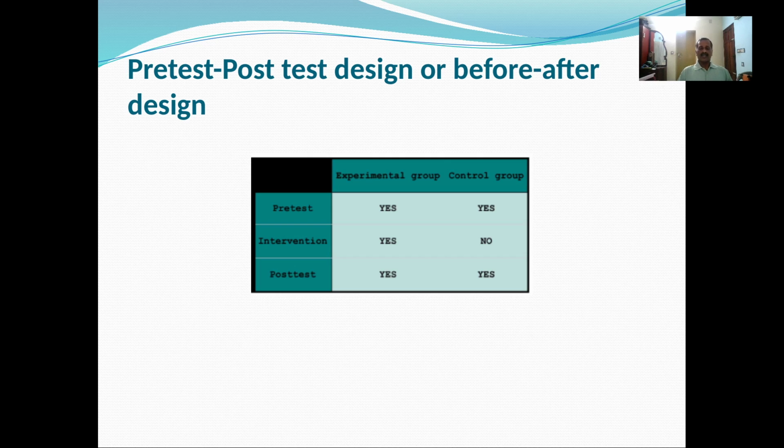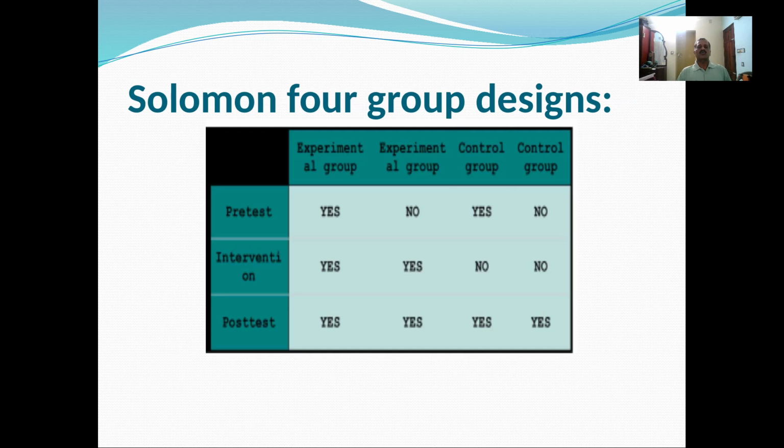This is done by a design called the Solomon 4-group design. In the Solomon 4-group design, we select simultaneously 2 experimental groups and 2 control groups. Pre-testing is done to 1 experimental group and 1 control group, whereas no pre-testing is done for the second experimental group and the second control group.